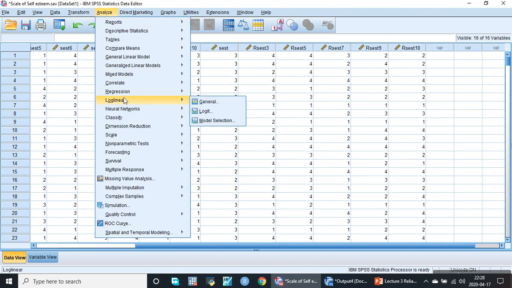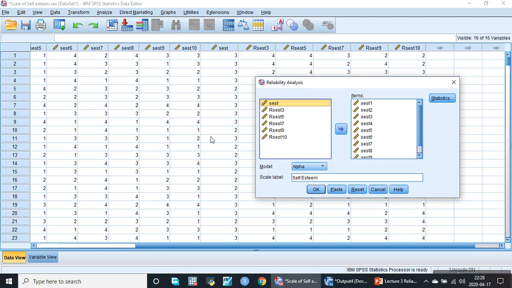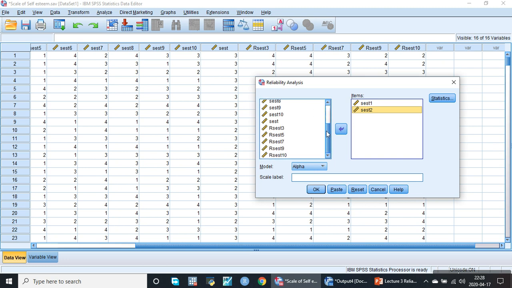Analyze, go to scale, scale reliability, reset. We will shift question 1 and question 2, but not question 3 because it is a reverse coded question and we have corrected it.